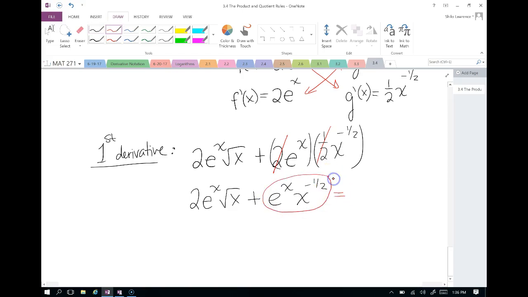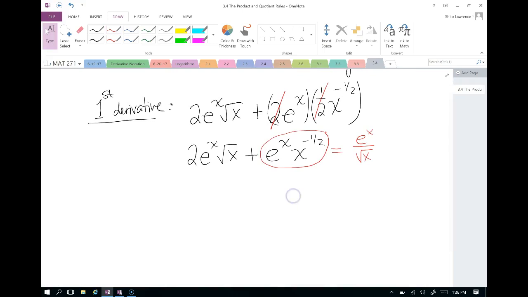Negative 1/2, the negative means it wants to go to the denominator, and the half means it's a square root. So just that second term would really be e to the x over square root x. Just the second term. But we're not done, so I'm not going to do that yet.